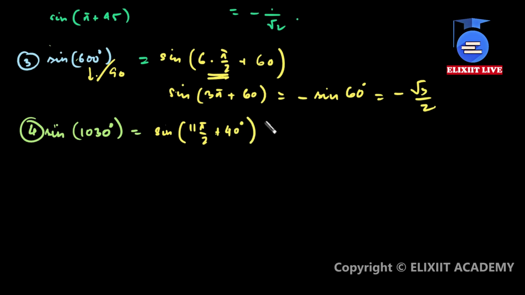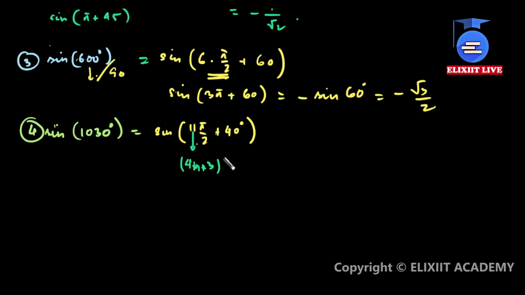Will this work? 11 times 90 plus 40. Now 11 is basically a number of the form 4n plus 3, isn't it?